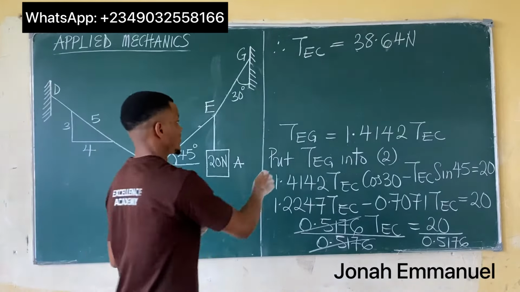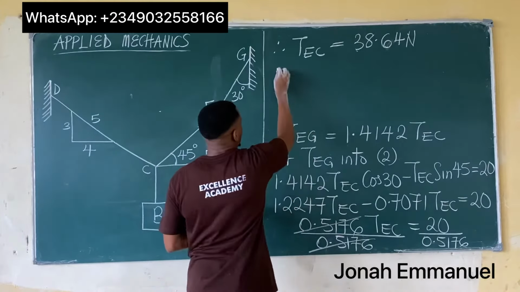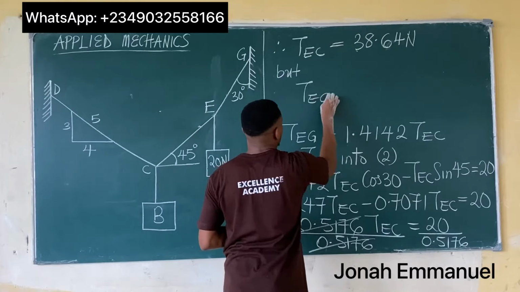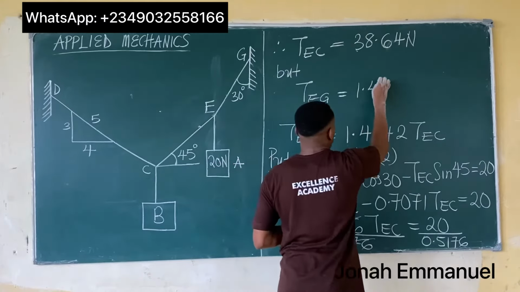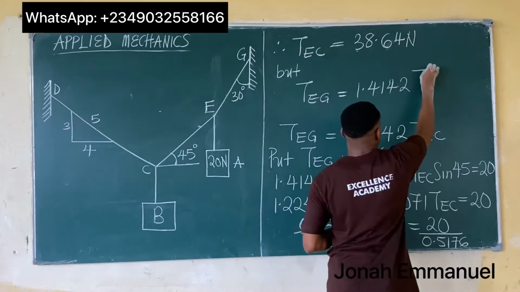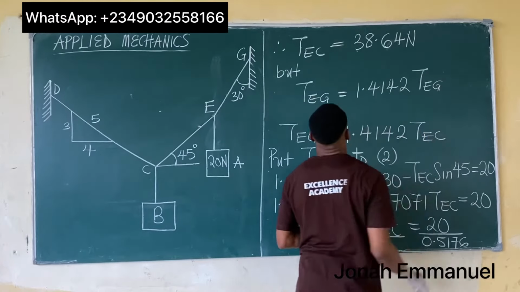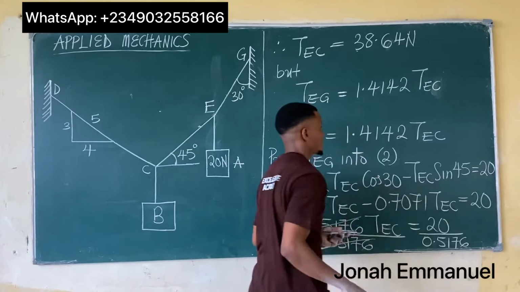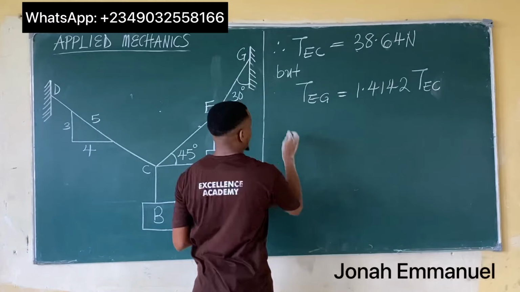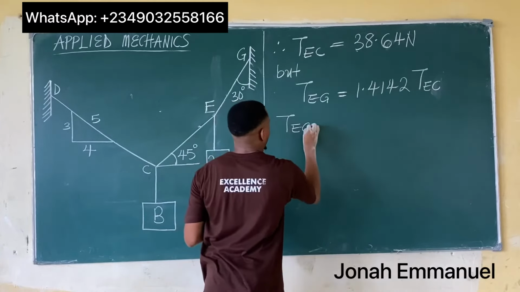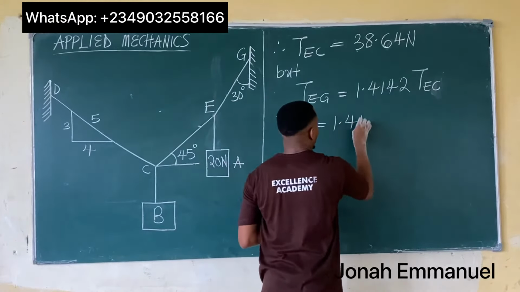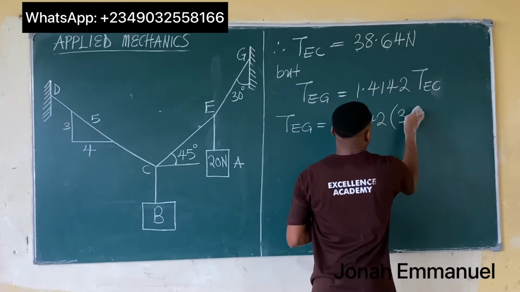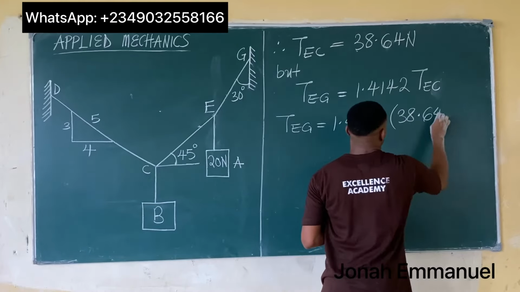Alright, so you can get TEG from there. But we said that TEG is equal to 1.4142 TEC. So let's replace values. Alright, so TEG is equal to 1.4142, TEC is about 38.64.